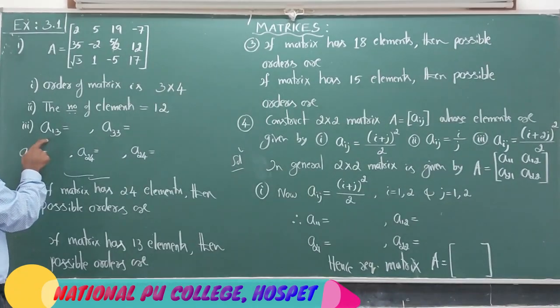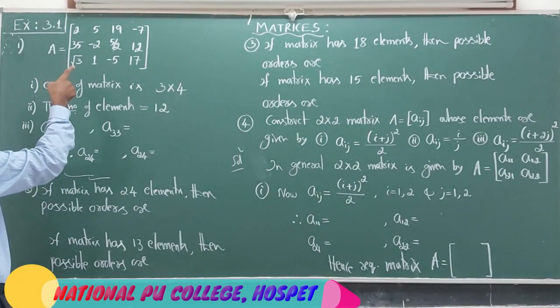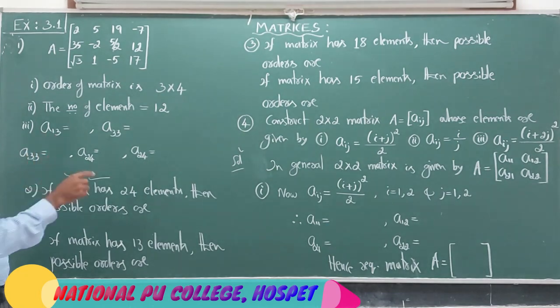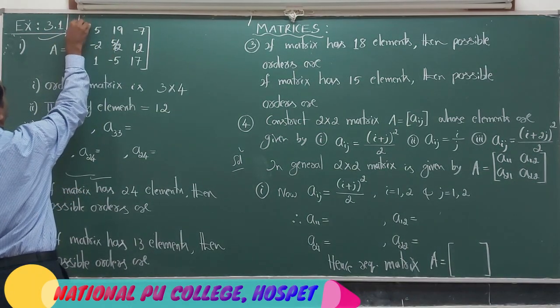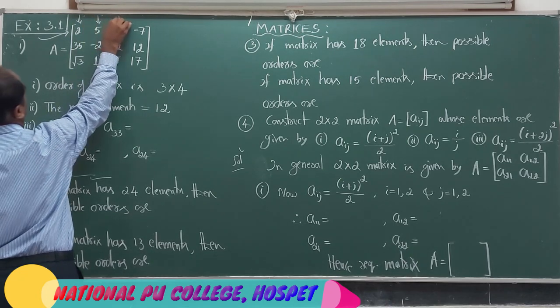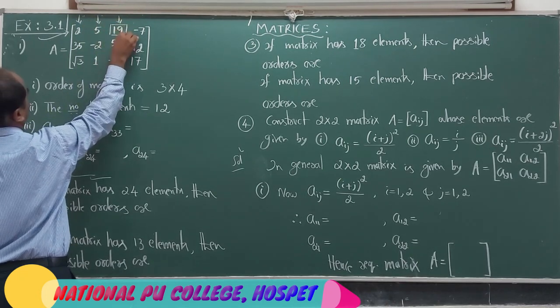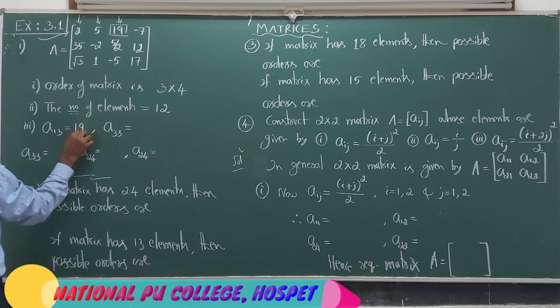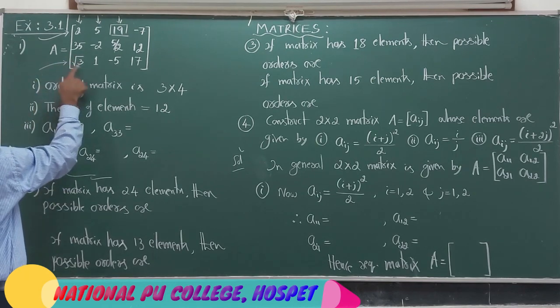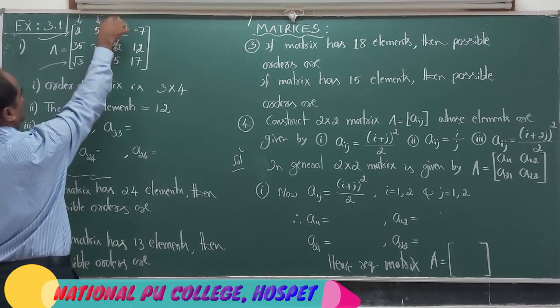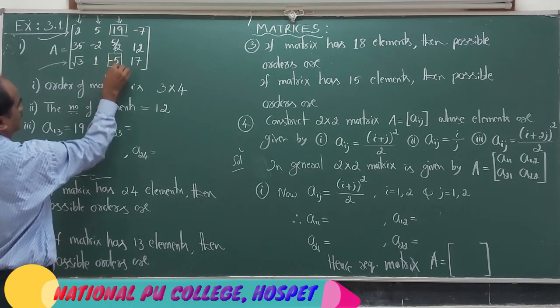Now, A13 refers to what? The element of the matrix present in the first row, third column. This is the first row, column number 3. This is column 1, 2, 3. Which element is it? 19. So, A13 is 19. A33: element present in third row, third column. What is that element? Minus 5.